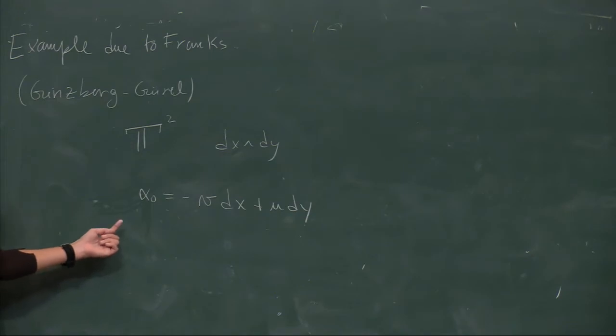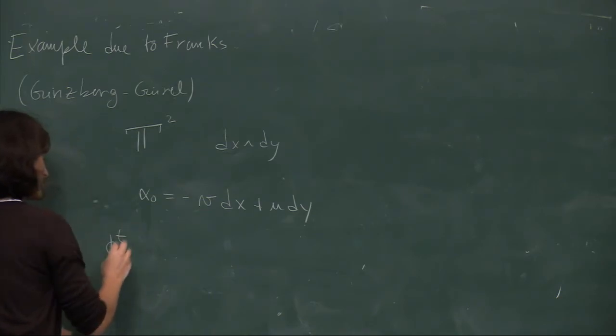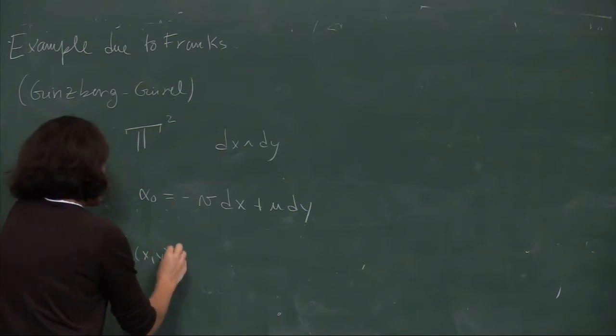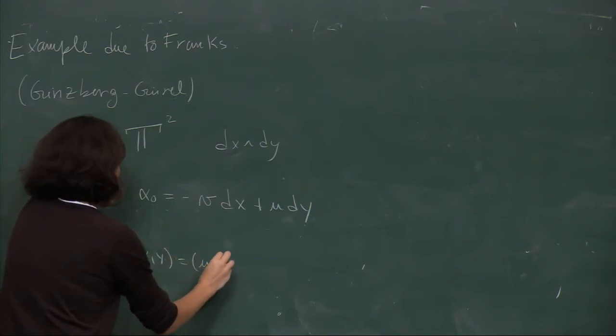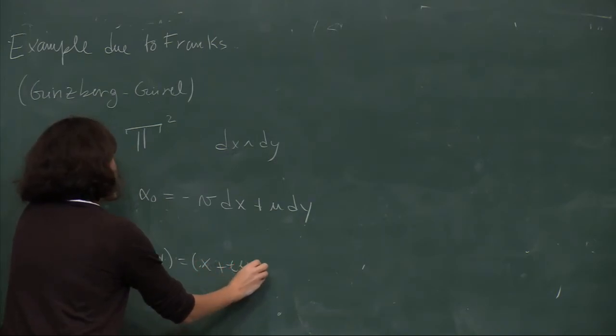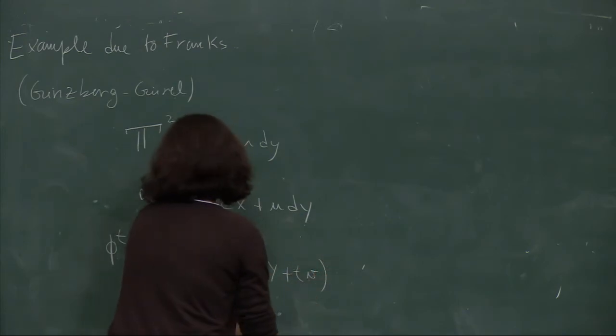Then the symplectomorphism associated with this one form. So there's this phi t associated with this alpha naught, which sends x, y to x plus tu, y plus tv.